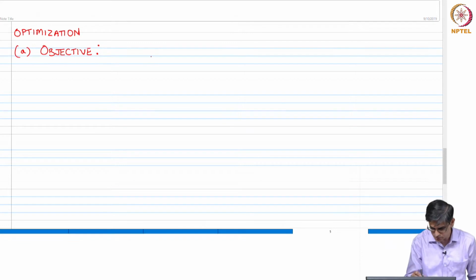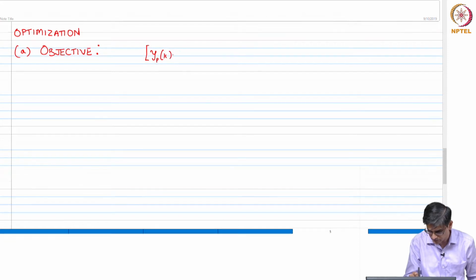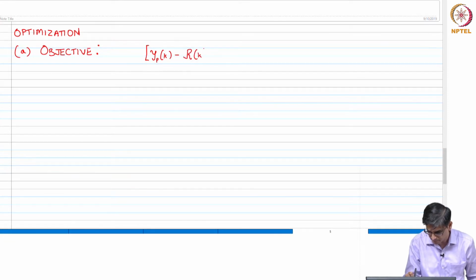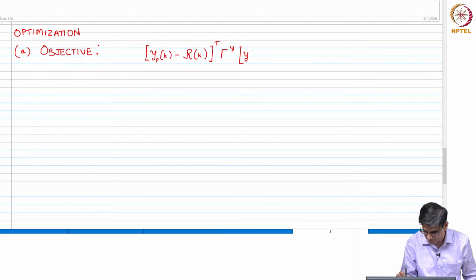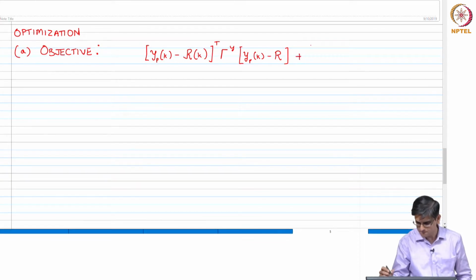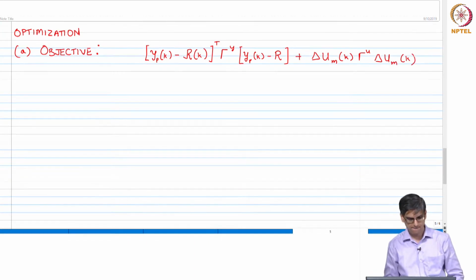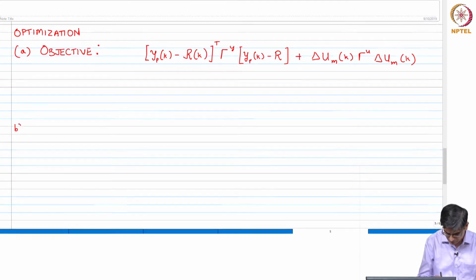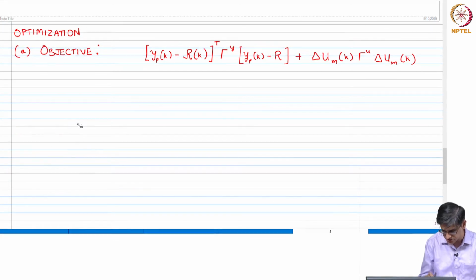Okay. Objective function was. Let us do constraints later.